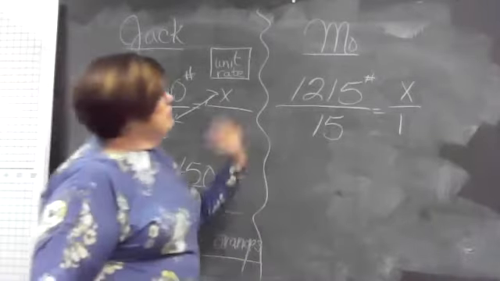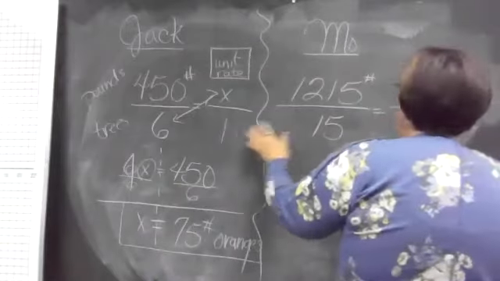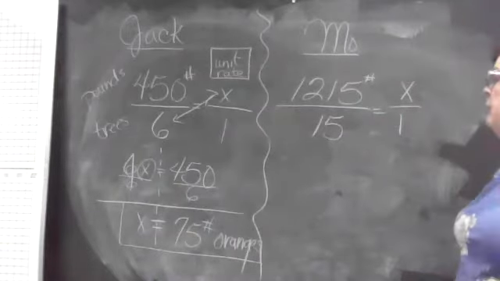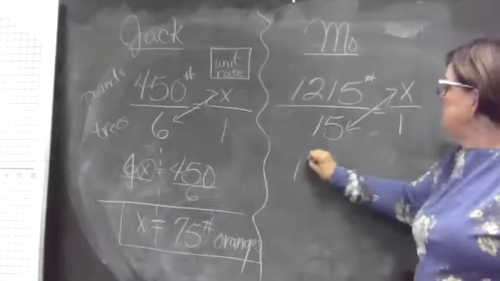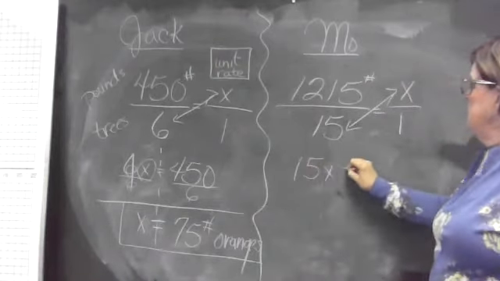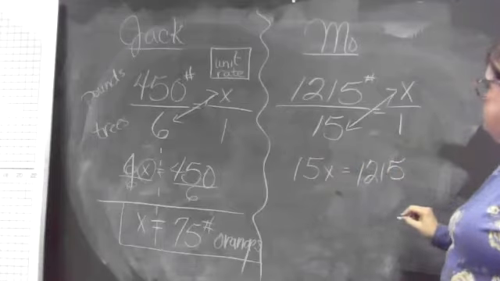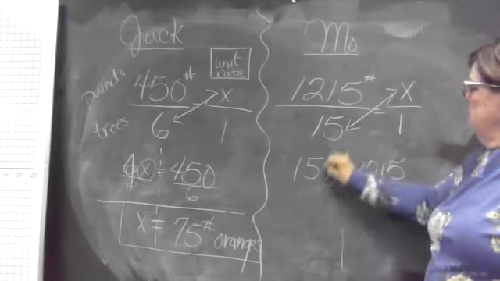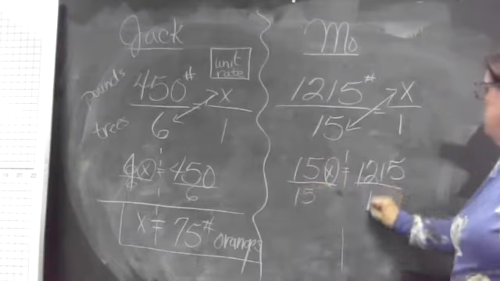So now we know that on every tree, Jack got 75 pounds of oranges. Now we're going to come over here to Mo and do the same thing so that we can have something we can compare. So over here, we do another problem: 15x equals 1,215 pounds. We're going to divide by 15. 81 pounds.